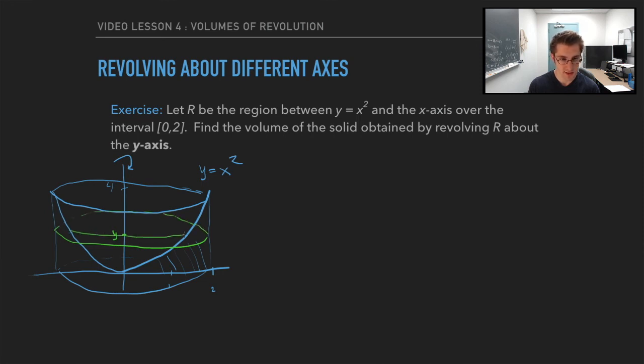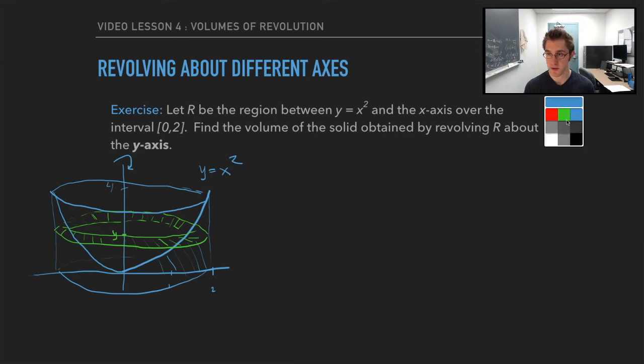So it's still a washer, but again, you have to flip your perspective from thinking about everything in terms of x to now thinking about things in terms of y. Because I'm revolving around the y-axis, and for the washer method, all of our slices are perpendicular to the y-axis, and so everything needs to be in terms of y.